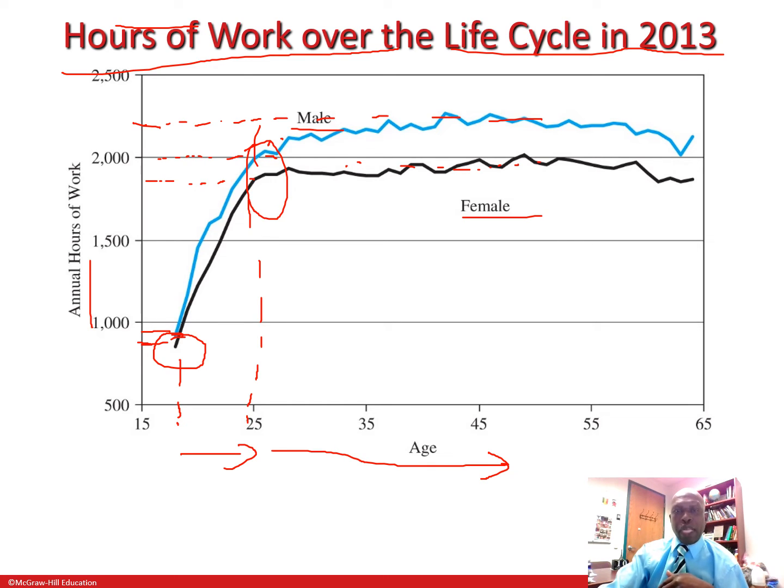When the age reaches 60, for both males and females, the hours worked decrease. For instance, at the age of 65, females will be working about 1,800 hours per year, while males will be working about 2,200 hours per year.